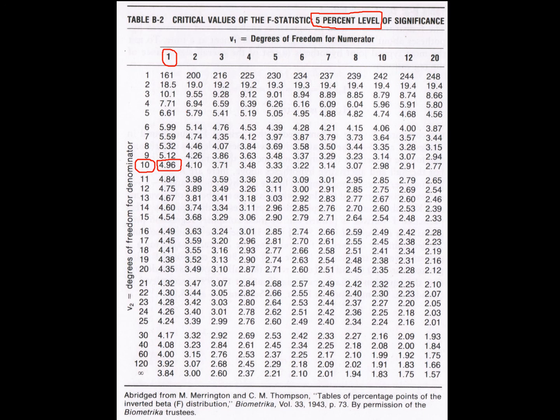Now, the number we calculated was 14.65. The critical value is 4.96. So indeed, our calculation of the F statistic exceeds the critical value, and therefore the null hypothesis of there being no relationship is falsified. And so the remaining hypothesis, which is that there is a relationship, prevails. It prevails because the null hypothesis was falsified.